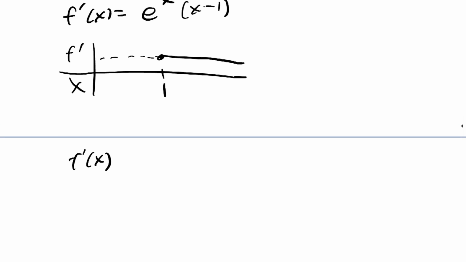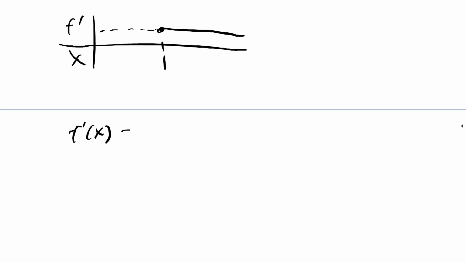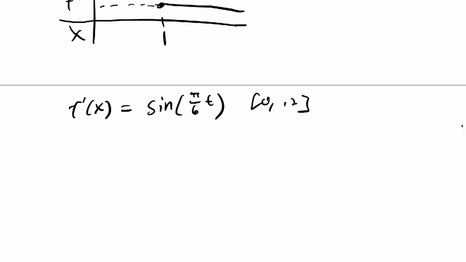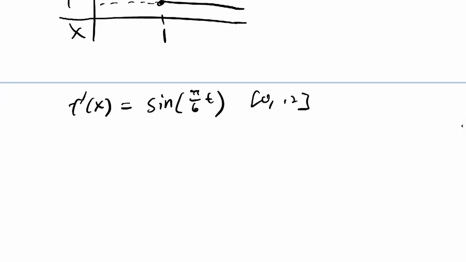You could also have cases where you'll have fractional exponents in them. You'll also have things like sine of pi over 6 t on a certain interval from 0 to 12, and this is your f prime.